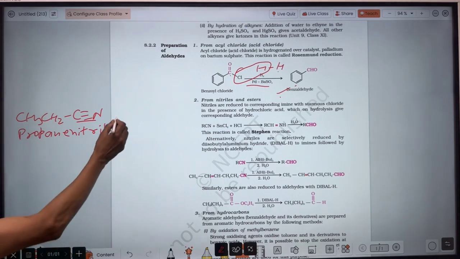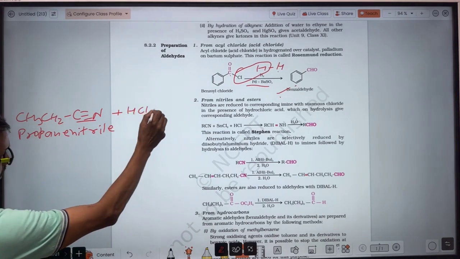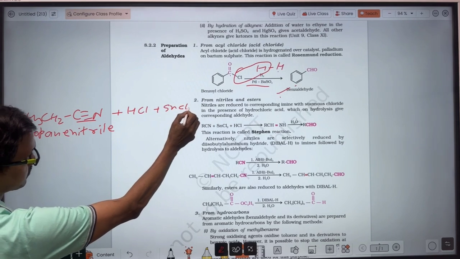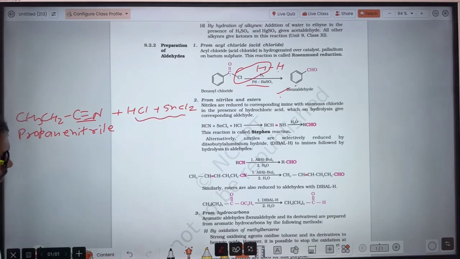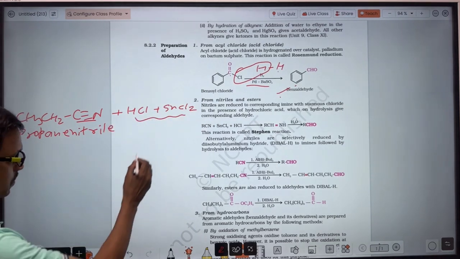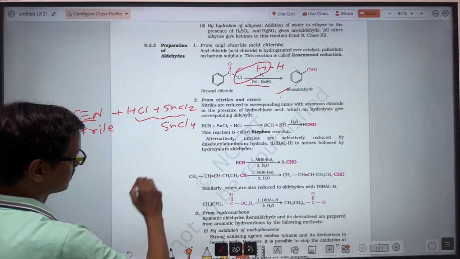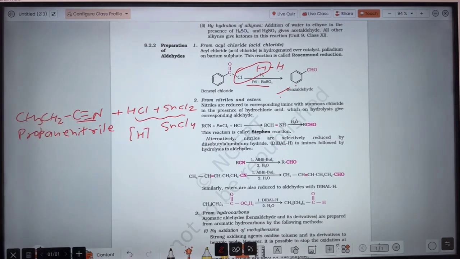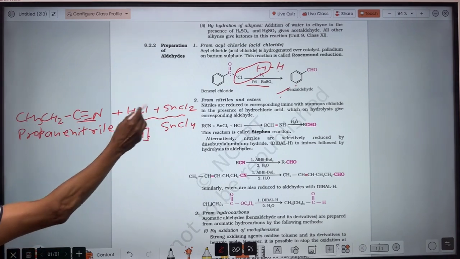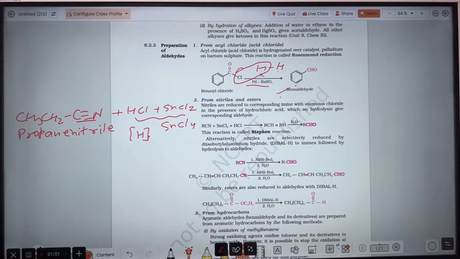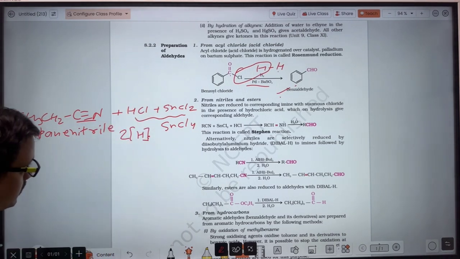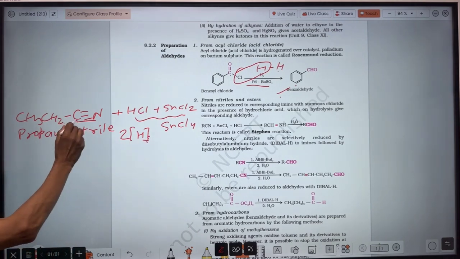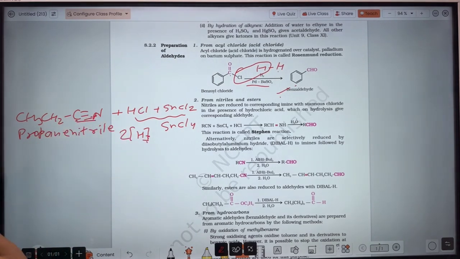This nitrile is reacted with HCl and SnCl2. What happened here? HCl reacts with SnCl2, so there will be formation of SnCl4 and nascent hydrogen will be provided. One nascent hydrogen will bond to this carbon and one nascent hydrogen to this nitrogen.